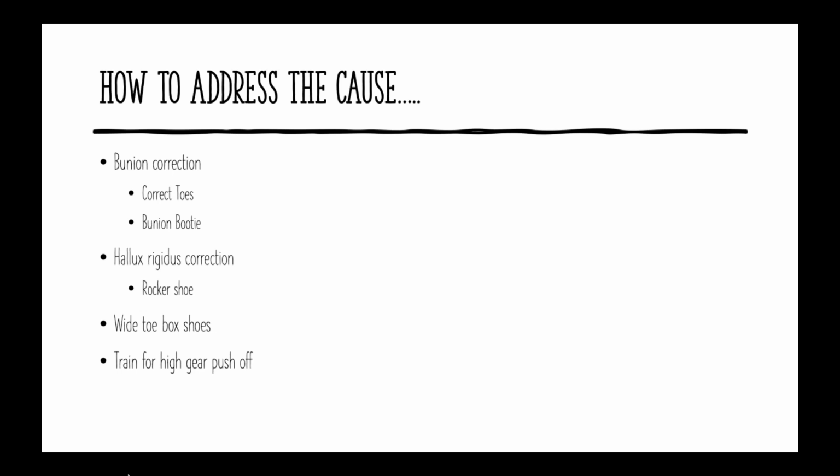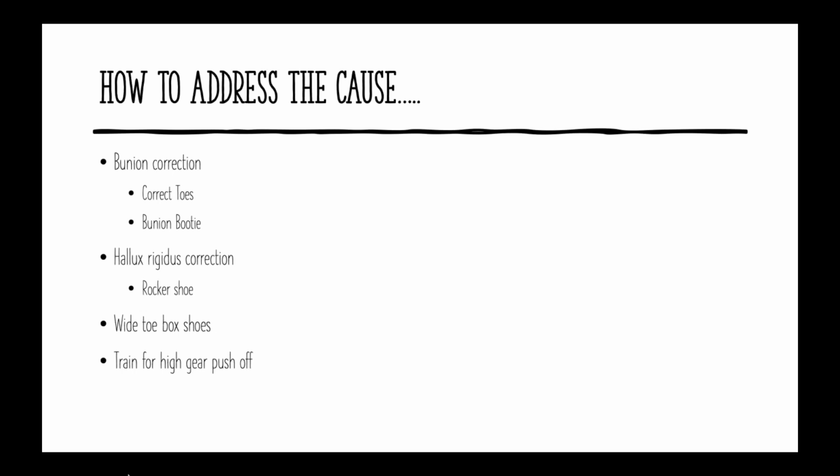Now, if you have recurrent ingrown toenails and you're seeing this cause, what could we do? If it's a bunion, you're looking at Correct Toes. It's one of my go-tos for almost all of my patients. Bunion Booty is a great offering as well. That's bunionbooty.com, correcttoes.com. If it's Hallux rigidus, you can use rocker shoes. So I use rocker shoes a lot. Some of the brands that I'll put my patients in are Hokas, Danskos, and Reshod.